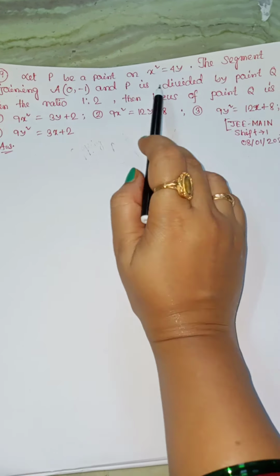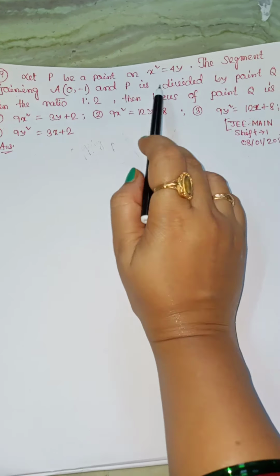So we may say QA is to QP is equal to 1:2, or PQ is to QA is equal to 2:1. So this picture says to us that x is equal to 2t and y is equal to t square is the point which is our moving point P.